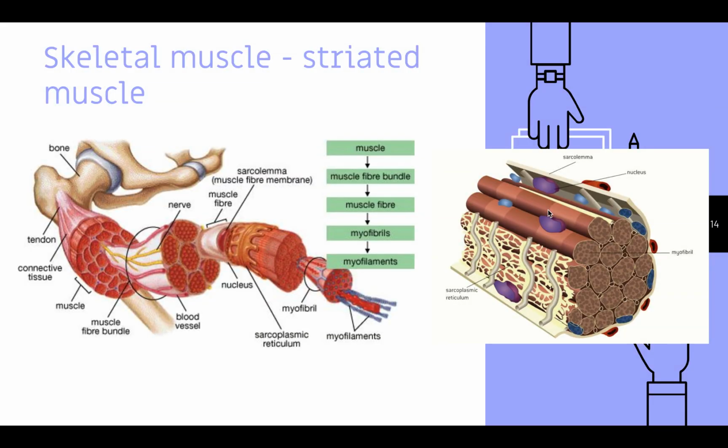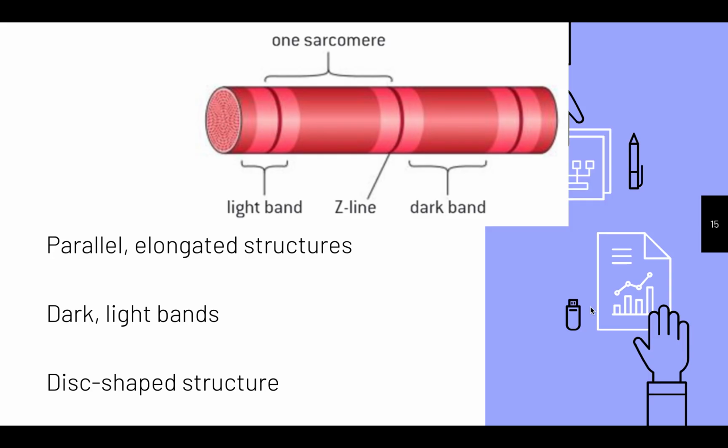It has a light, dark striation. What you needed to know here are the parts of your myofibril, the anatomy of your myofibril. Easy to remember: light band, dark band. In the middle of the light band, Z line. That's all. And then Z line to Z line, that's your sarcomere.